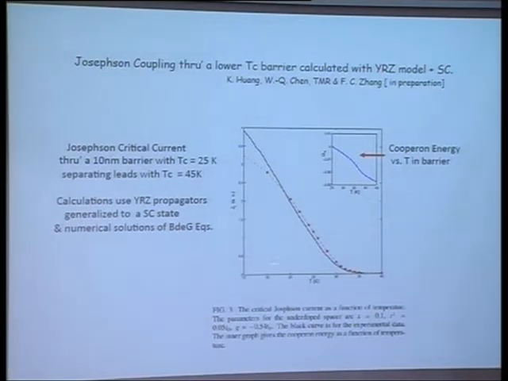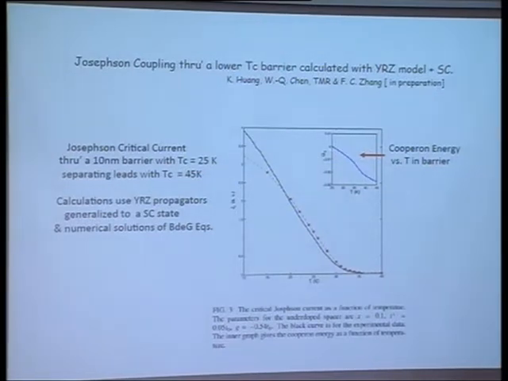And what one does find is that one can get a tail extending considerable distance above the transition temperature in the barrier, which in this case was chosen as 25 degrees in line with the experiments.